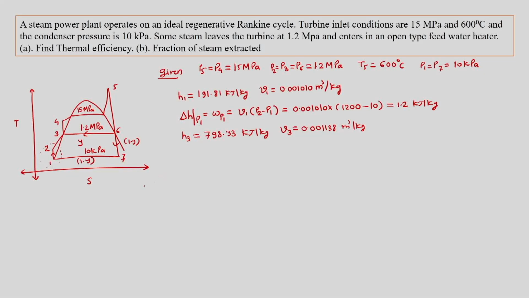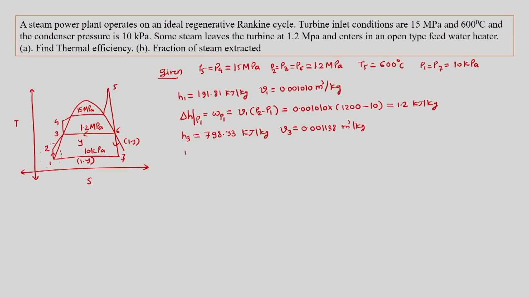This would help us find the pump work in the second case, which is WP, the pump work. Since here Y is going to mix with 1 minus Y, that will be the total mass. So, this will be the total pump work, which is V3 into P4 minus P3.